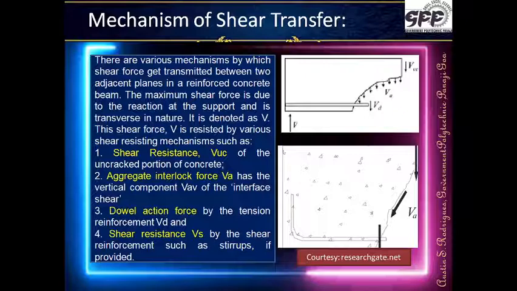This aggregate is interlocked within the other aggregates and the sand particles bound by cement. So this interlock, this bonding between the aggregate and its surroundings, resists the shear force and prevents the cutting to some extent. So there is this force also which comes into account, apart from the shear resisting capability of uncracked concrete.